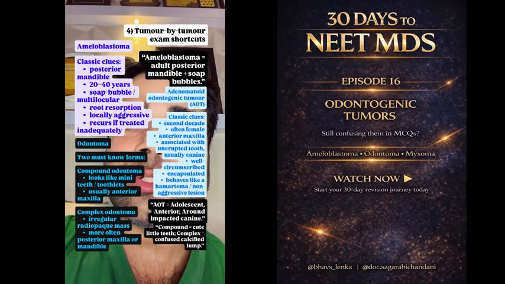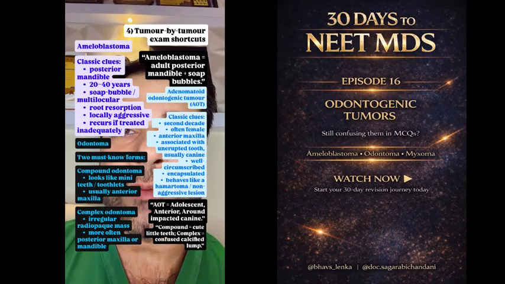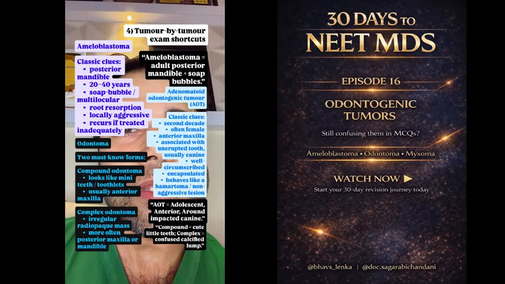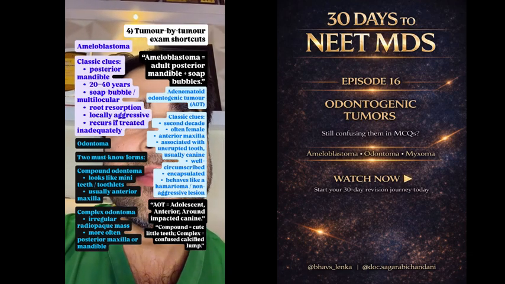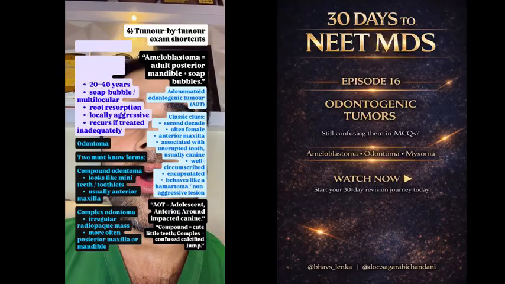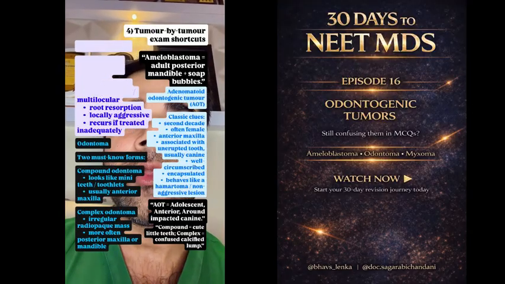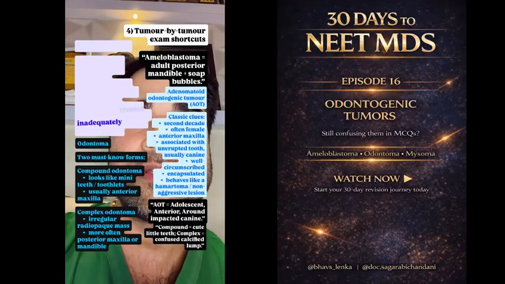Odontoma is the commonest odontogenic tumor, usually seen in the first or the second decade. Compound odontoma shows multiple tooth-like structures, whereas complex odontomas are an irregular radio-opaque mass. Compound lesions are most often in the anterior maxilla, while complex lesions more often involve the posterior jaws.